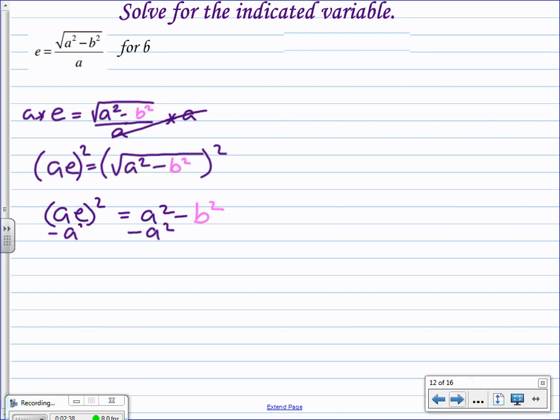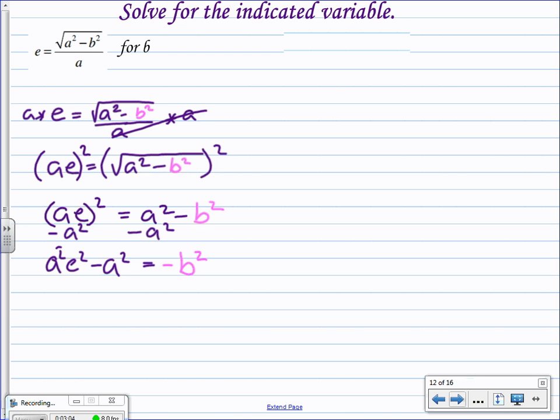Subtract a squared. So then I get a squared e squared, if I multiply out up here, minus a squared equals minus b squared. Okay?